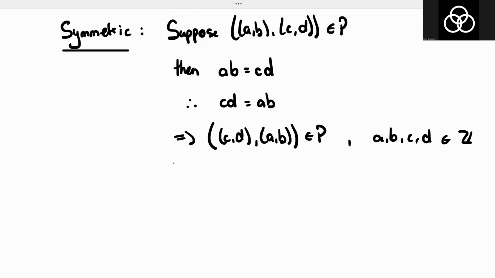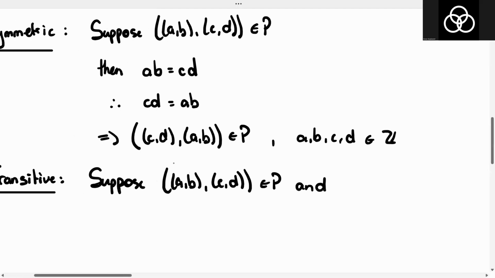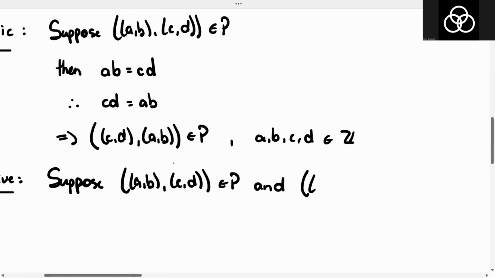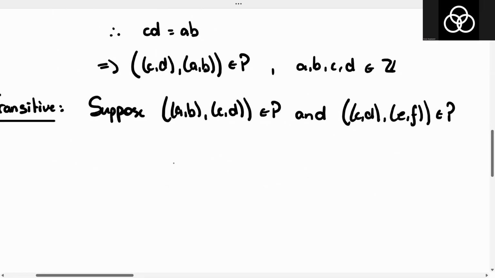And the last one now, transitive. We suppose we have (a,b), (c,d) in P and (c,d), (e,f) in P. So again now, we just need to look at our definition of the relation.